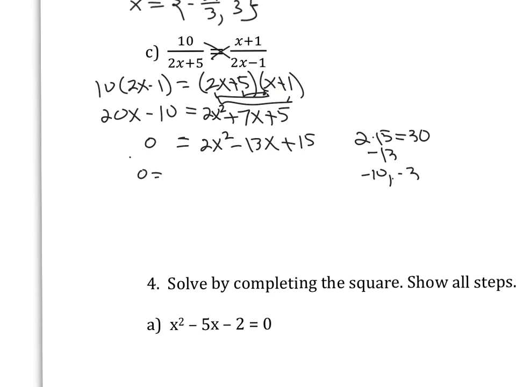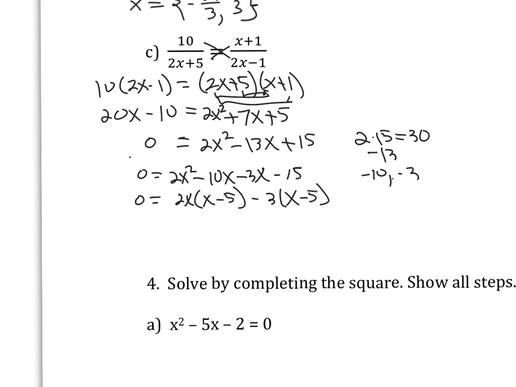That will give us 0 equals 2x squared minus 10x minus 3x plus 15, and that's going to factor into, so we'll get 0 equals, we'll factor out the 2x times x minus 5 minus 3 times x minus 5.